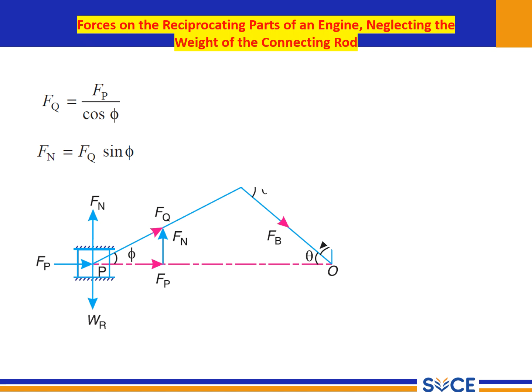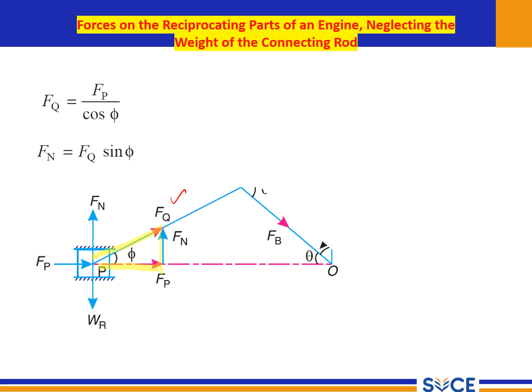Now, how to calculate this FQ? Let me consider this triangle. You can see this triangle. Using the triangle, you can go for the sine phi and cosine phi formulas. For sine phi, the opposite side is F1 and the hypotenuse is FQ.